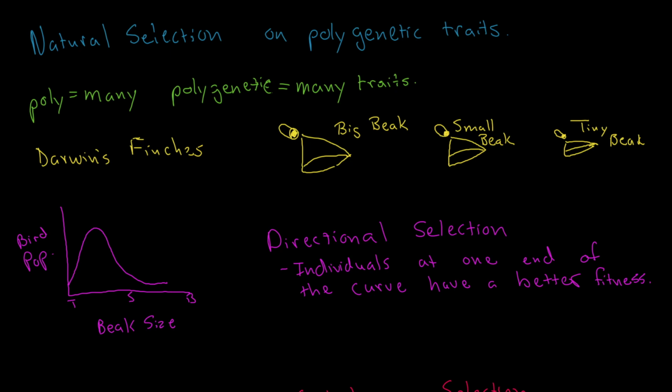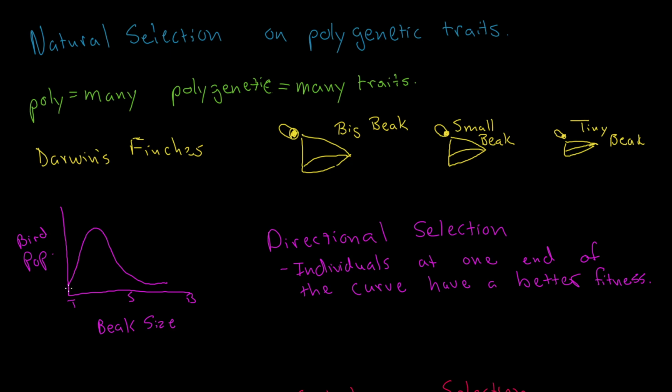In directional selection, individuals at one end of the curve have a better fitness. So you have a population like this starting off, and something's going to happen, because remember, natural selection drives change. It could be that a predator moves in or a food source dies off, but you're going to cause a shift in this graph.